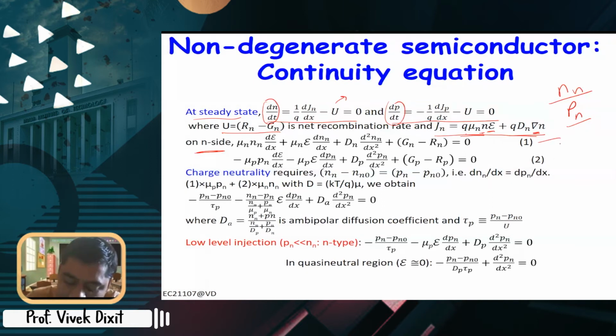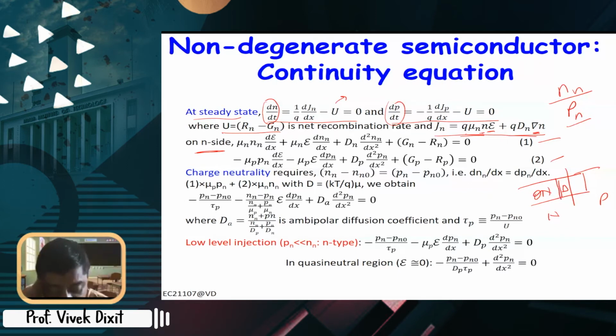Now when you use these two equations, there are two regions, the n side and the p side. This is the metallurgical junction, this is the depletion region, and this is the quasi-neutral region. So of course let us write this equation in the quasi-neutral region. Now, it is a neutral region and this is n type, so holes are injected here.